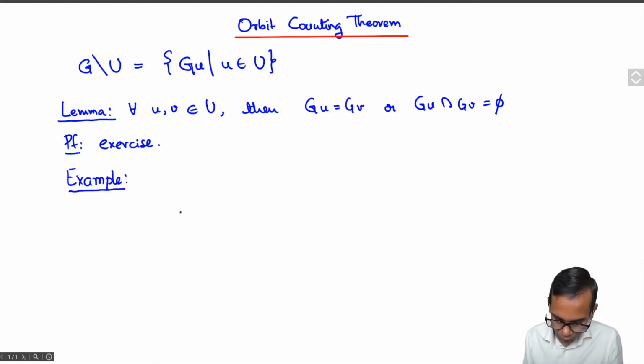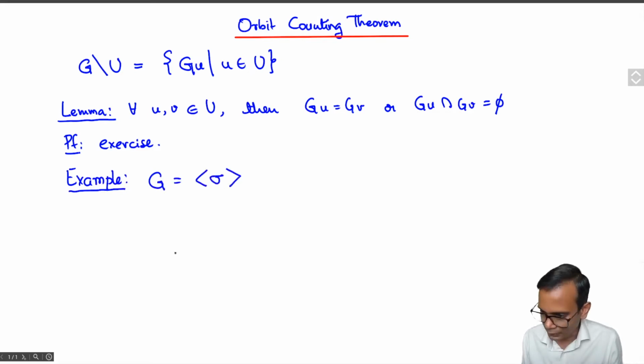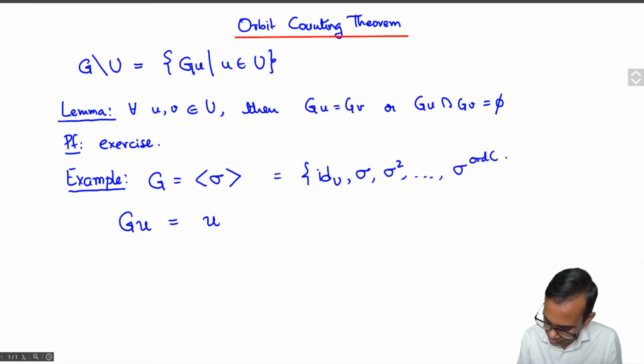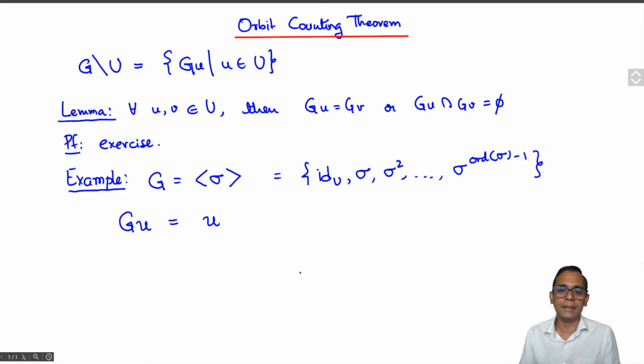We've already encountered this permutation group earlier, which is the group generated by sigma. So the orbit of U under this group consists of the point U, because this group, remember, consists of identity, sigma, sigma squared, and so on, all the distinct powers of sigma, so you go up to order of sigma minus 1.